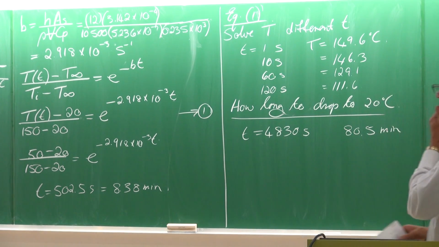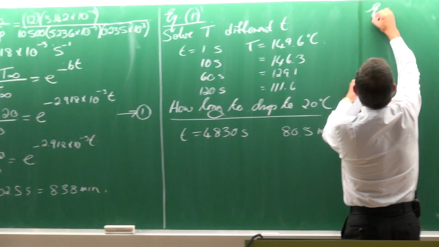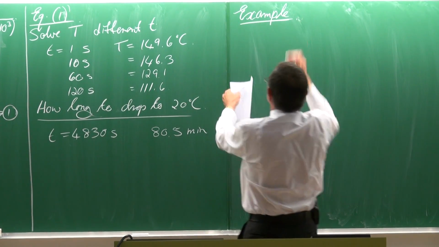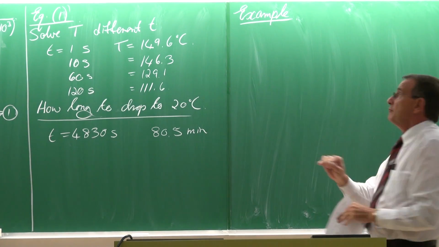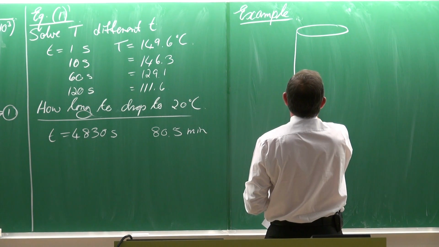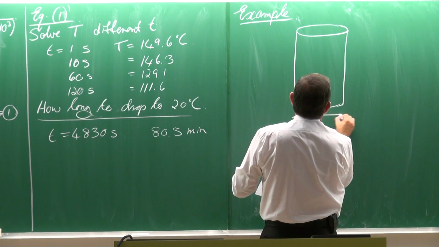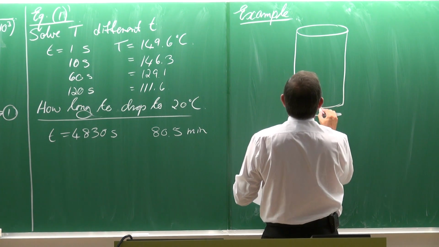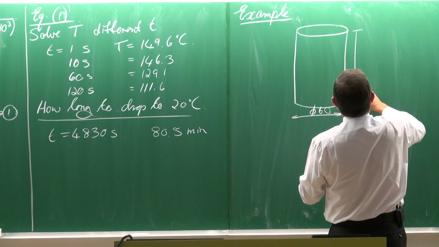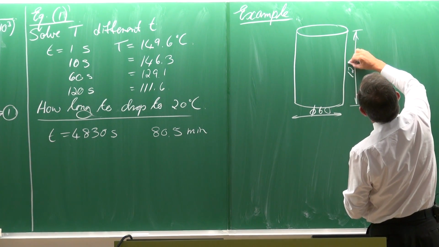Nothing? Good. Right, the next problem, the second one, is one that many of you can relate to very well. That would be a can of beer. It has a diameter of 60 millimeters and a height of 125 millimeters.